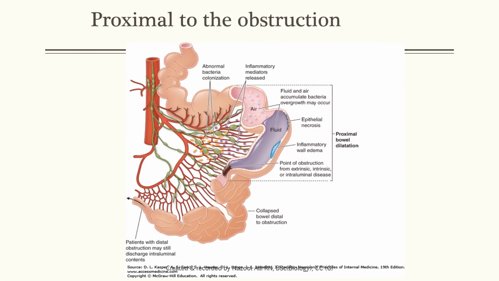This is just to give you a recall of the amount of fluid and/or air that ends up accumulating proximal to that obstruction and can cause abdominal distension and increasing pain, nausea, and vomiting in a patient with a bowel obstruction.